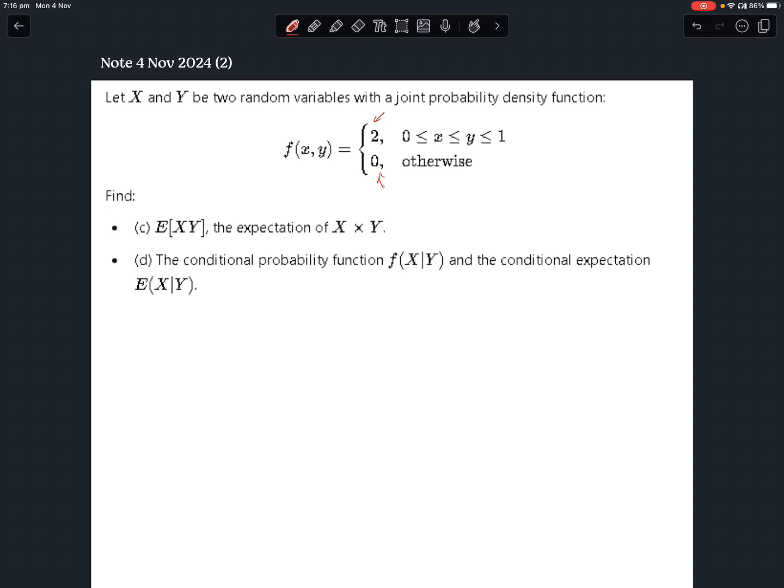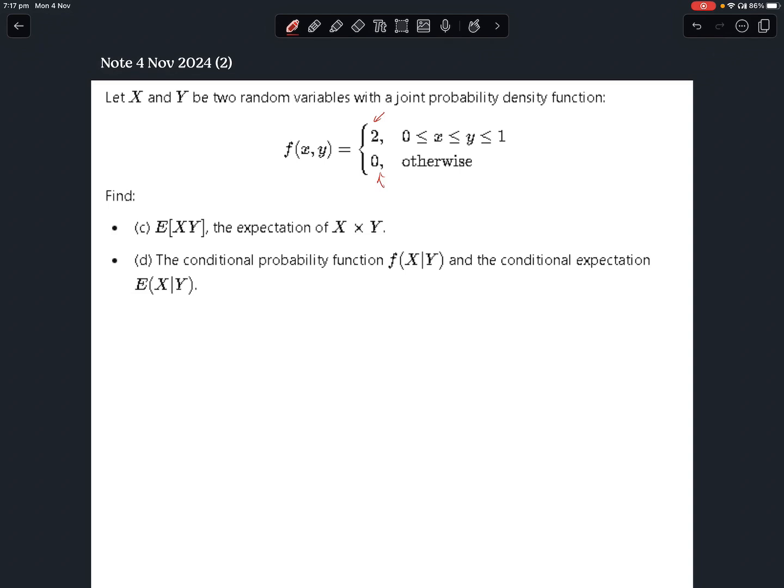For the first part, we need to calculate the expected value of x times y. Essentially, this means finding the average value of x times y across all possible values within the specified range, according to the given probability density.